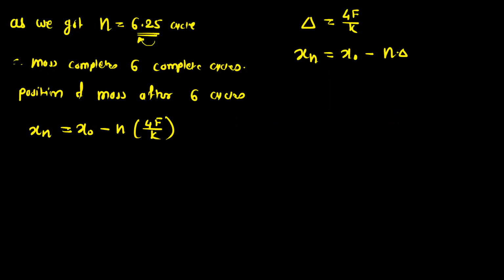So Xn means what? Now we should consider these 6 cycles. So this value is x6, which is to be determined. X0 value is 0.3, minus n is 6, times 4f upon k, which is equal to 48 into 10 to the power minus 3. Now find out the x6 value. So x6 is equal to 12 mm.